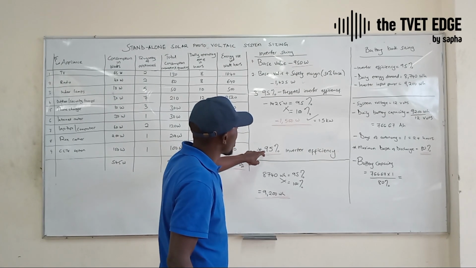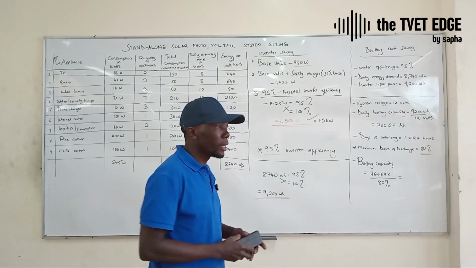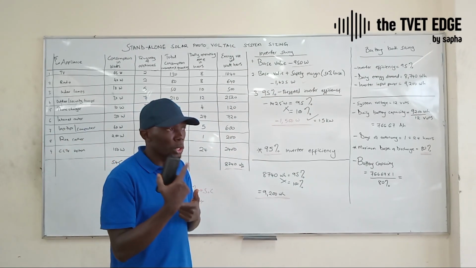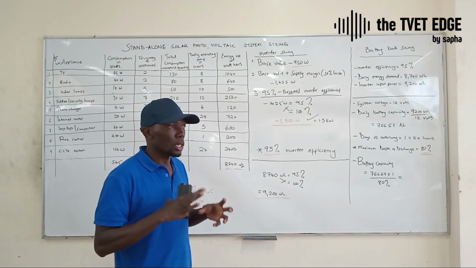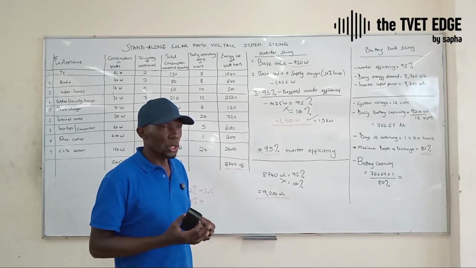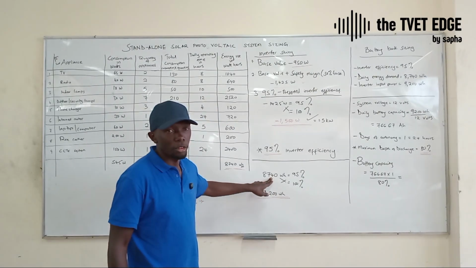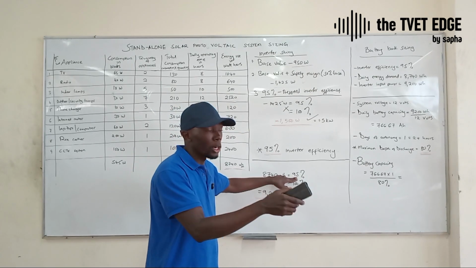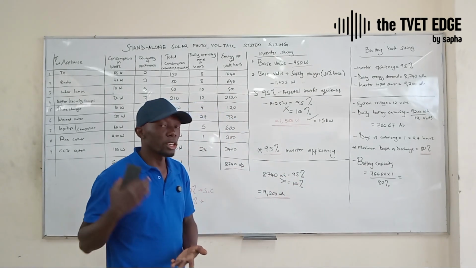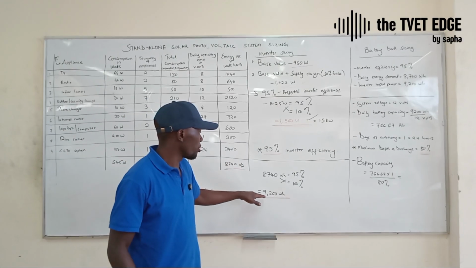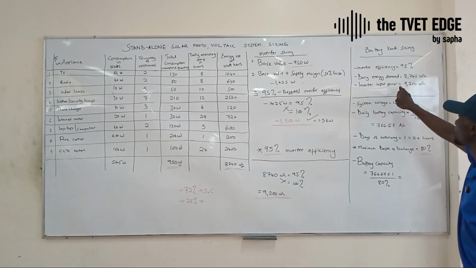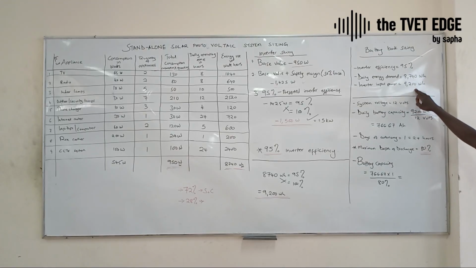Because the inverter is 95% efficient, it will pick a certain capacity of power, spend some of it during the conversion process, the electronics and whatever, some will be lost, and what it will deliver is 8740. So since this 8740 is your 95% on the output, on the input side the inverter has to pick a bigger value. And so we found 9,200 watt hour, which is the inverter input power.